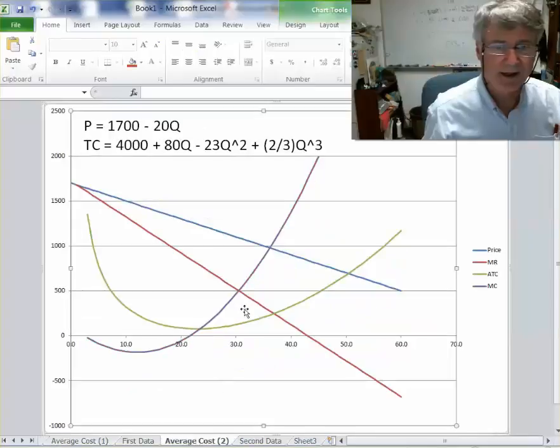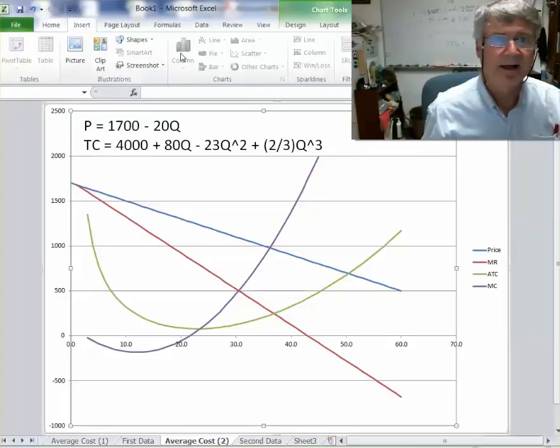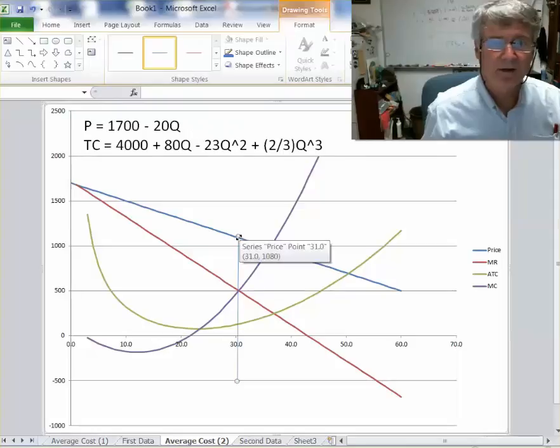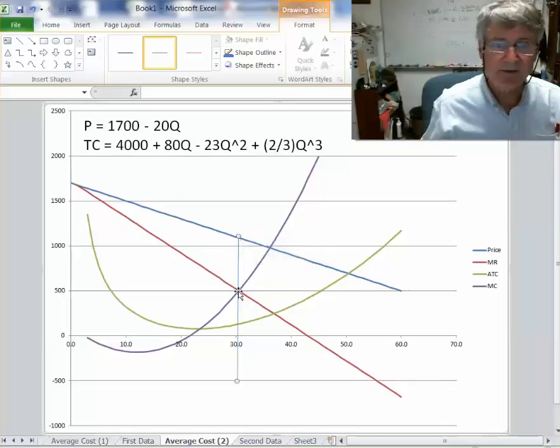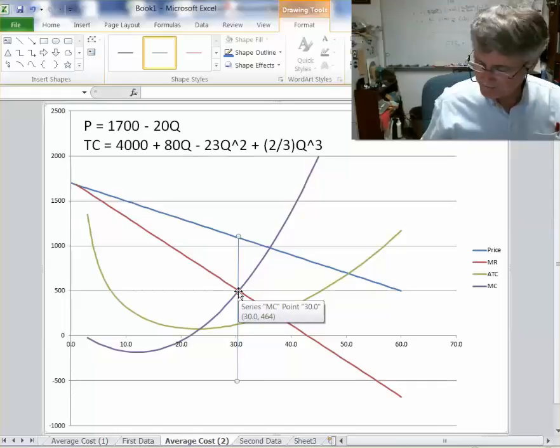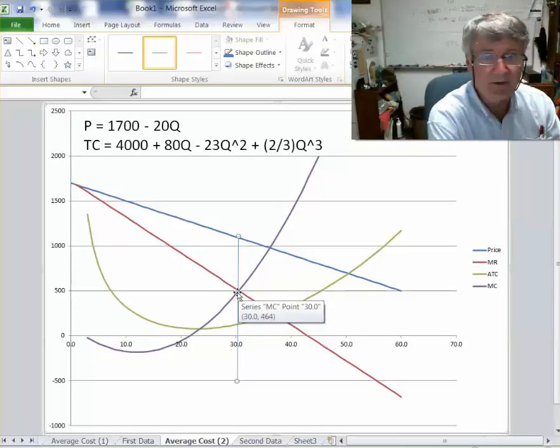So at 30 the price was 1080, so that would be 1080 minus 464. I get 616, then of course divided by 1080, and that gives me a Lerner value of 0.5703.